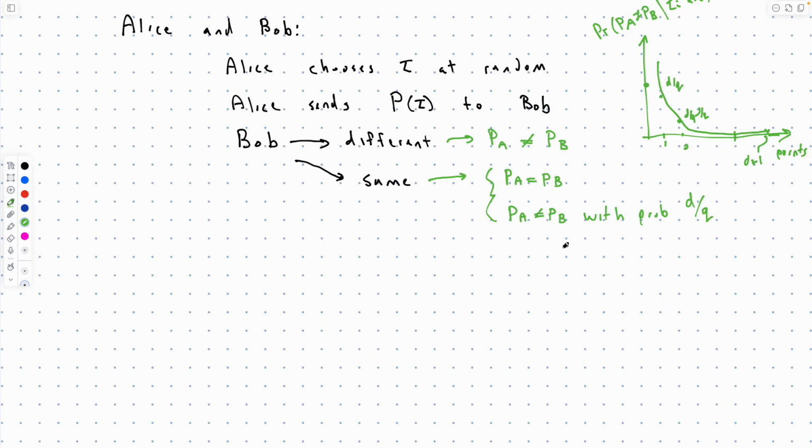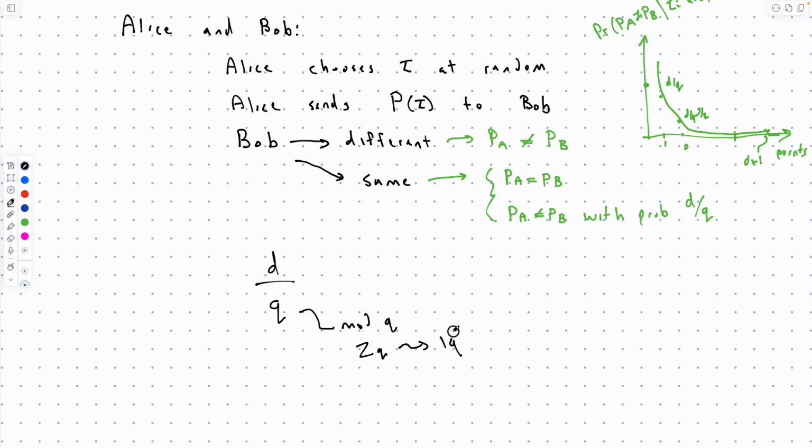What kind of numbers would we see for D and Q in real life? Where does Q come from? Q is a cryptographic number. Remember, we're working mod Q, or Z_Q, and this is given to us by NIST. NIST is going to pick a Q that has 256 bits.